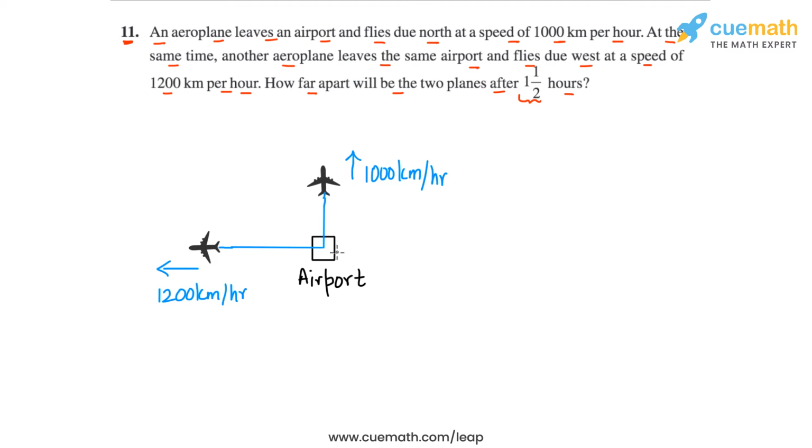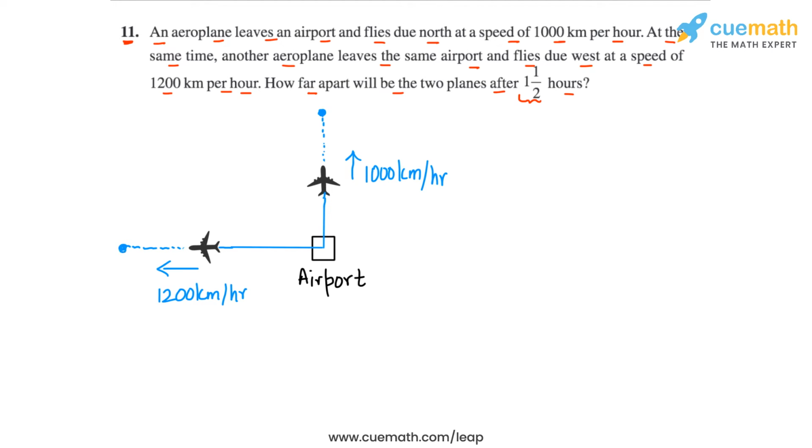Both airplanes have left the airport at the exact same time. We have to find out how far apart the two planes will be after 1.5 hours. So after 1.5 hours, suppose that the first plane reaches, let's say, this point here, and the second plane reaches, let's say, this point here.